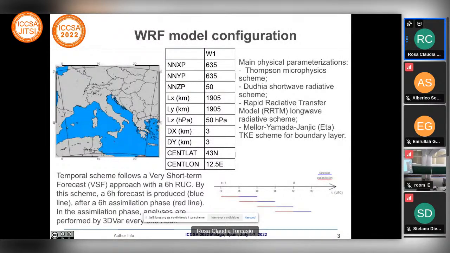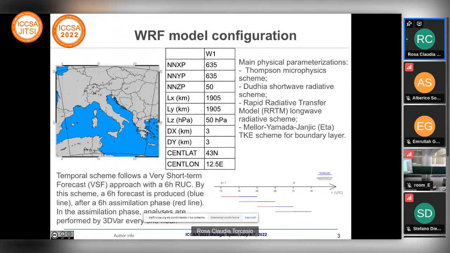The WRF model we used has a 3 kilometer horizontal spatial resolution and 635 by 635 grid points. The domain is shown in this slide and covers the whole of Italy, Central Europe, and part of Northern Africa. You can also see listed the main physical schemes used.